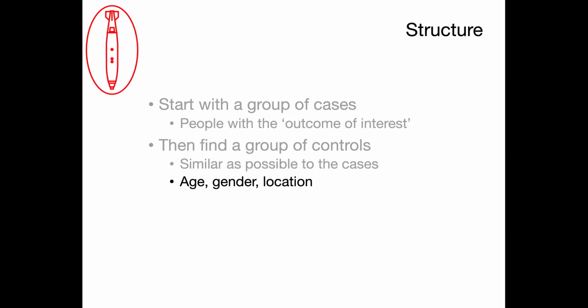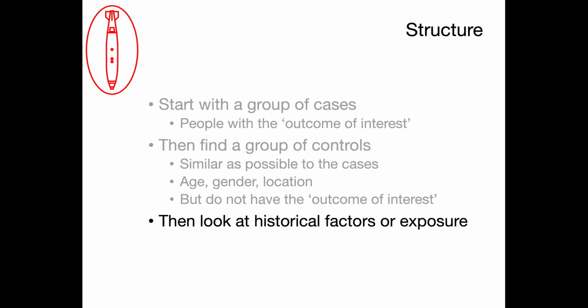So the same ages, the same genders, the same locations, essentially demographically identical. But these are people who do not have the outcome of interest. So they are the controls. Then we look at historical factors or exposure. What is it that the cases have been exposed to that the controls have not?